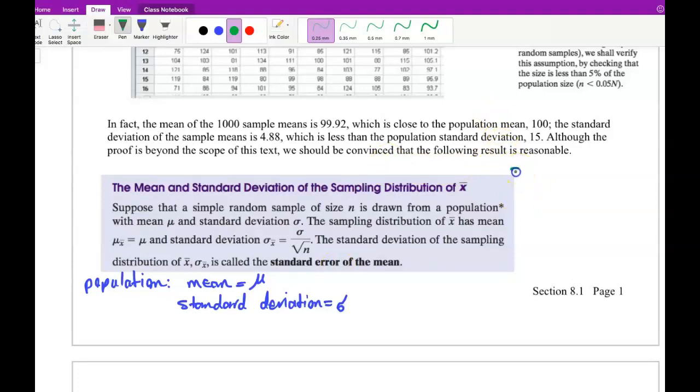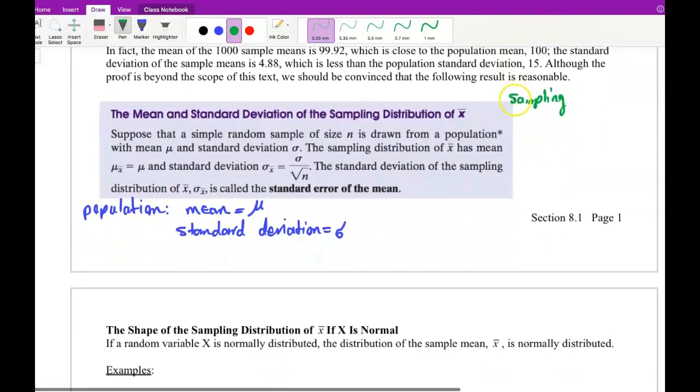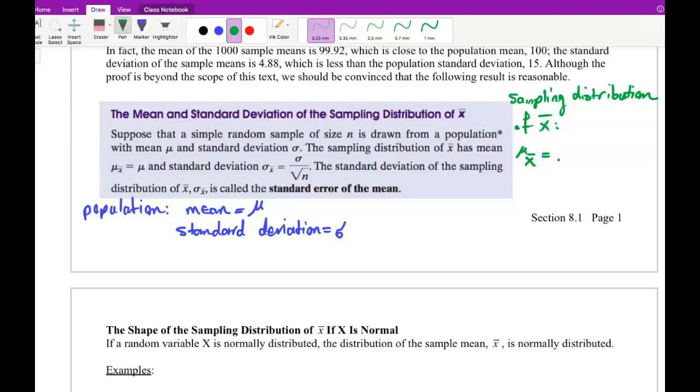For the sampling distribution of x bar, the mean of x bar is equal to the population mean, and the standard deviation of x bar is equal to the population standard deviation divided by the square root of the sample size.